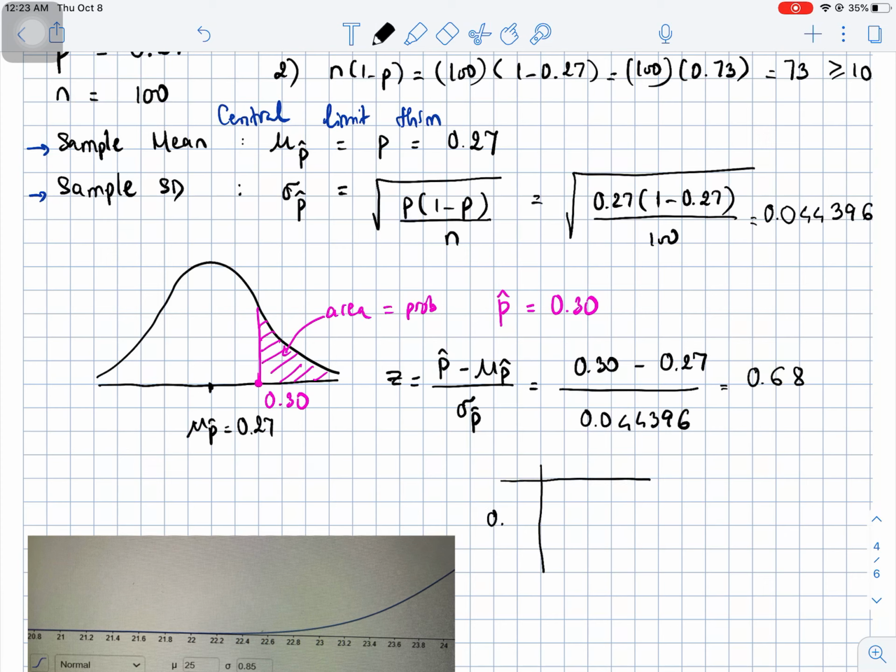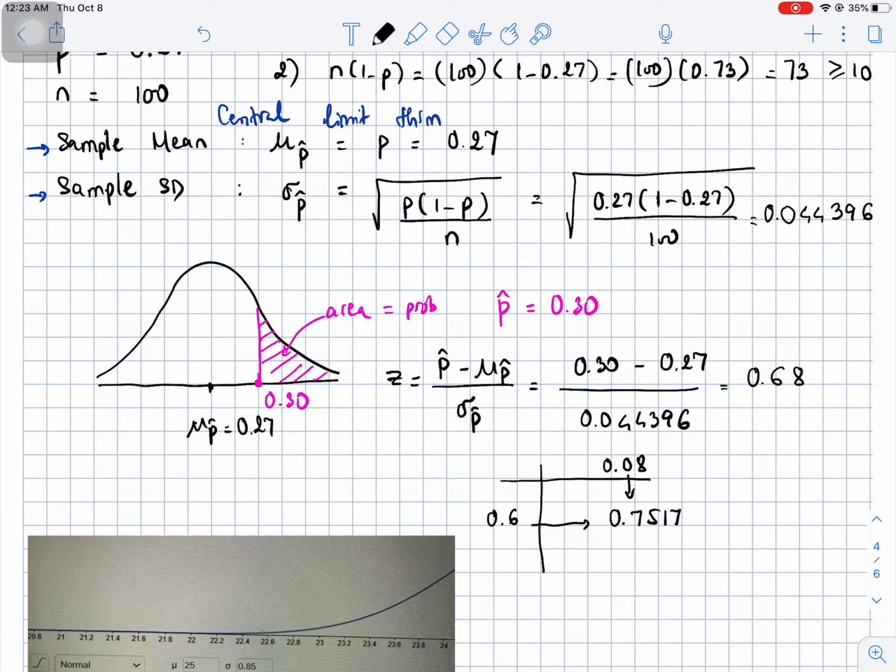We notice that we need to take z to 2 decimal places. And then we look at the z table. We use 0.6 for the column, and for the row, we use 0.08.